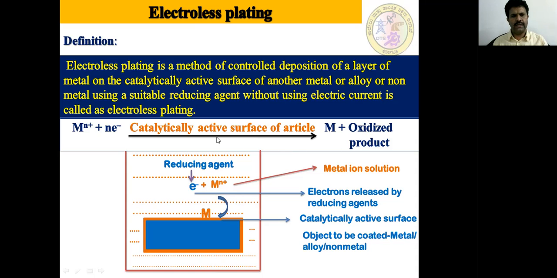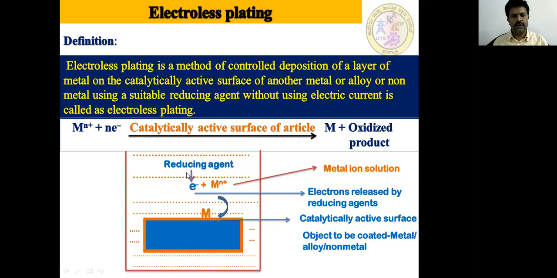Another thing is why we need this catalytically active surface. Because here we are using a reducing agent as a source of electrons, and the electron density is less compared to the battery used for electroplating.